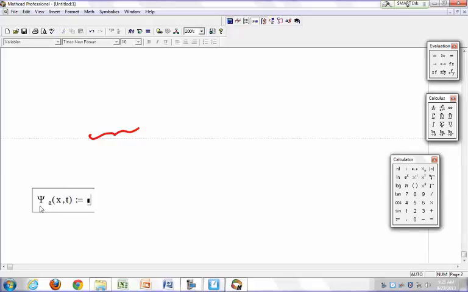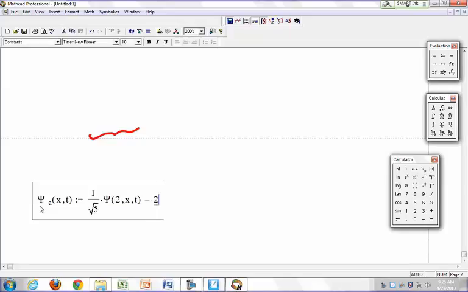Let's say it's equal to a linear combination of psi 1 and psi 2 and psi 3. Okay, so let's say it's 1 over square root of 5 times psi 2. So it's going to be y, control G, psi of 2, x, t, right? Minus 2 over square root of 5 times psi 3. So y, control G, 3, x, t.